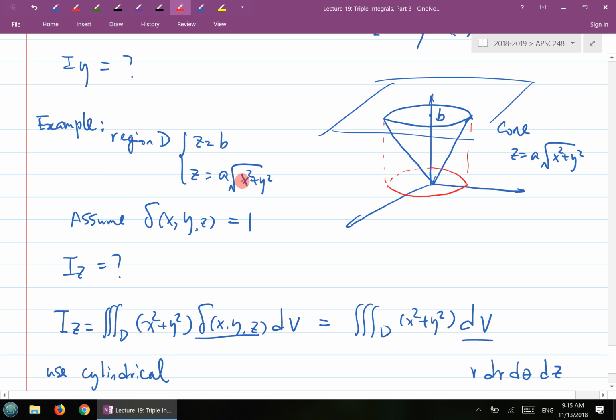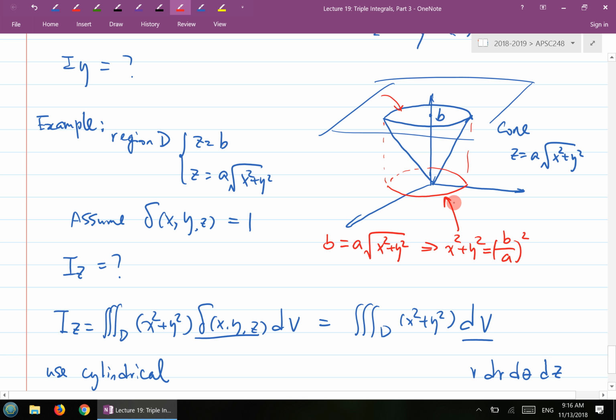Substituting b for z, you get b equals a times the square root of x squared plus y squared. Simplification gives x squared plus y squared equals b over a, squared. So the shadow is a circle with a radius of b over a.